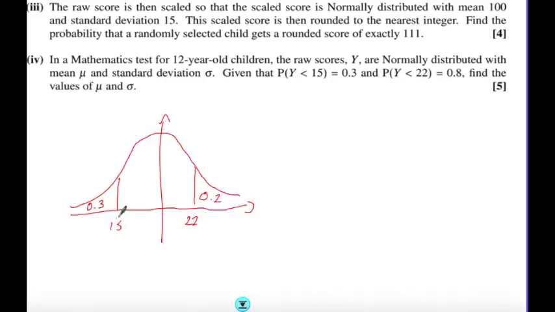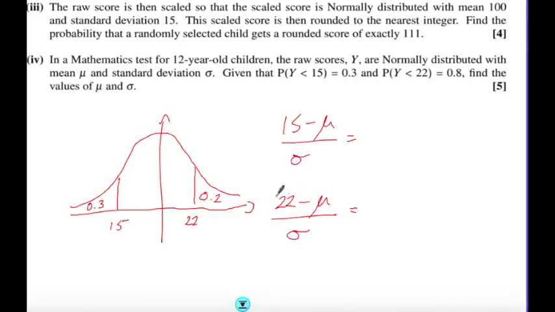So what we need to do is work out the z values that correspond to these x values, because we know that 15 minus mu over sigma equals some z value, and 22 minus mu over sigma equals some z value. So if we find both of those, then we can do simultaneous equations and solve them.